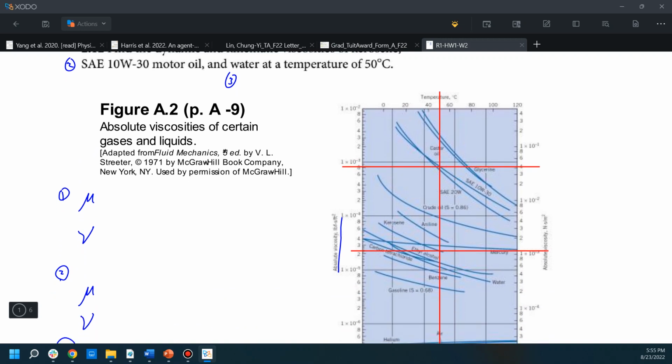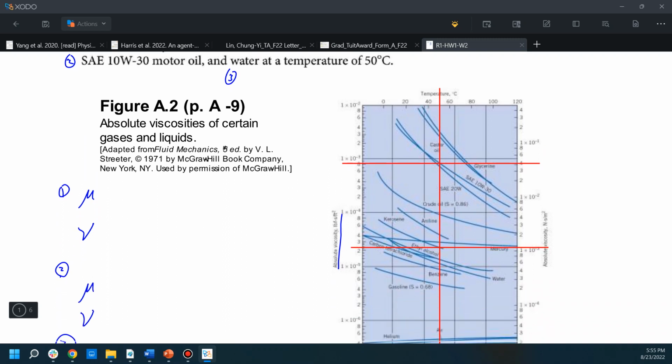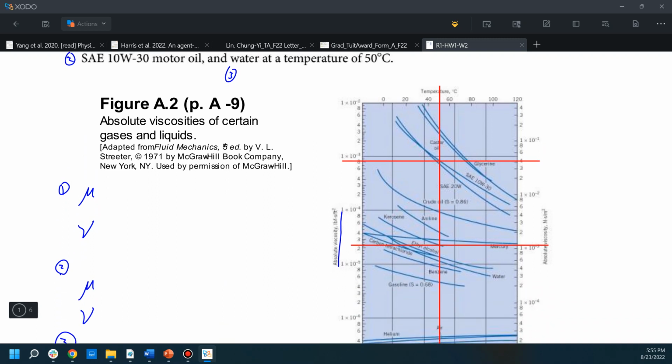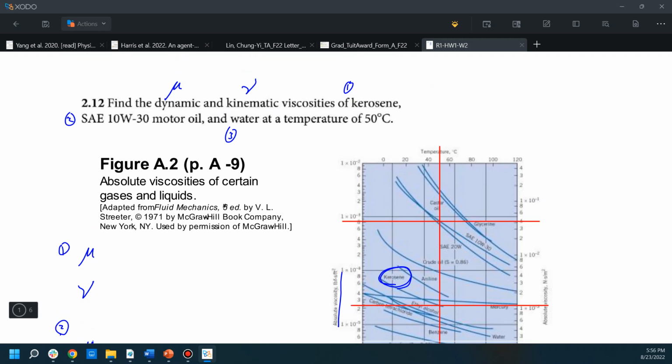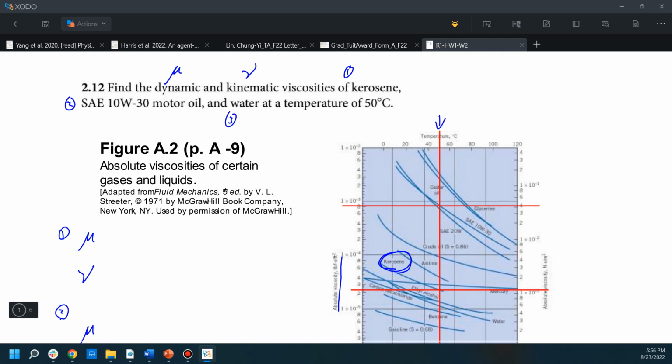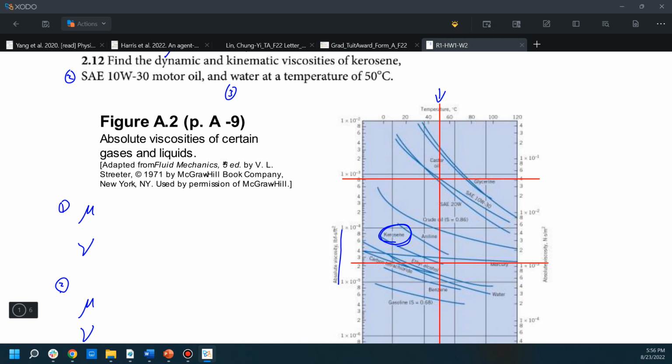For the kerosene, we first find the corresponding curve for this item, which is here. We draw the vertical line at the 50 degrees Celsius temperature, find the cross section with the item's curve, and draw the horizontal line across.